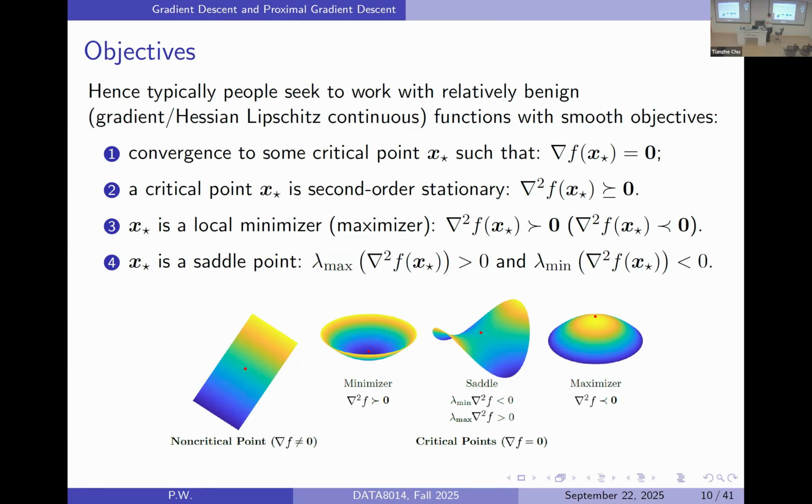A saddle point means that for the critical point x star, the maximum eigenvalue of the Hessian is positive and the minimum eigenvalue is negative. Okay, can you identify the difference among the different definitions of critical points?